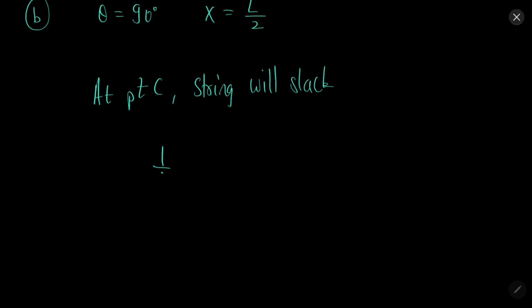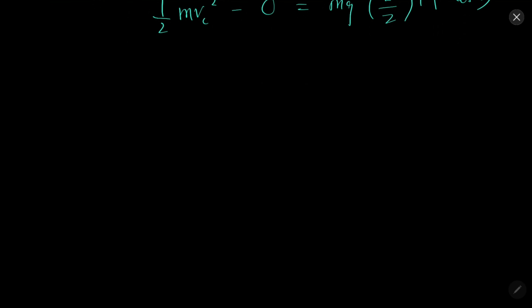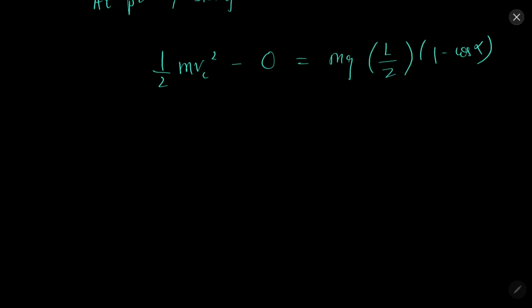So ultimately half m vC square minus 0 equal to mg L by 2 into (1 minus cos alpha). So from this, v square C equals gL(1 minus cos theta). Let this be equation 1.